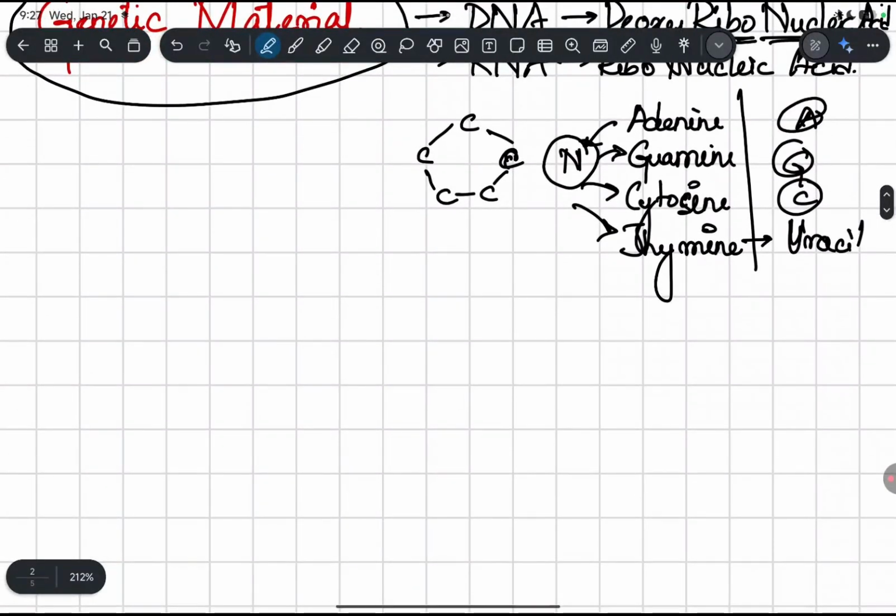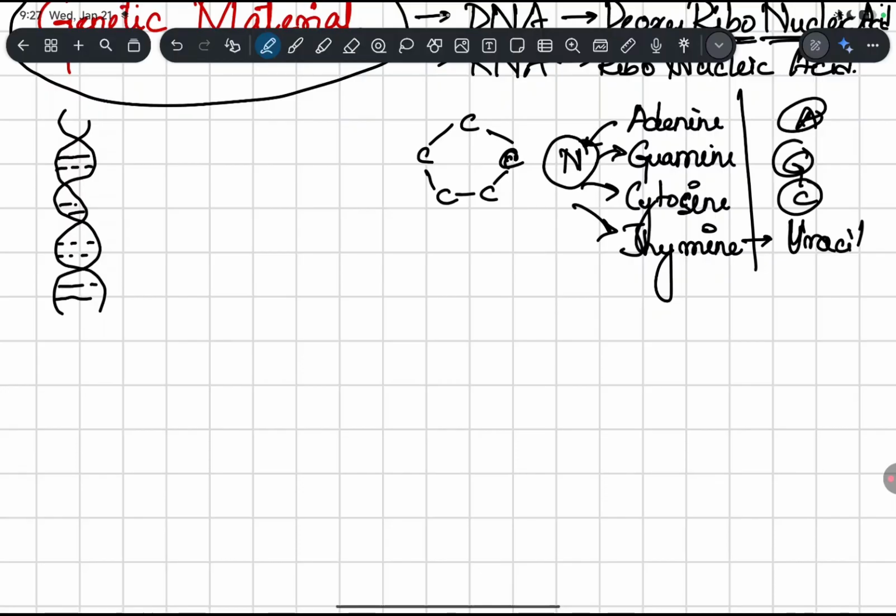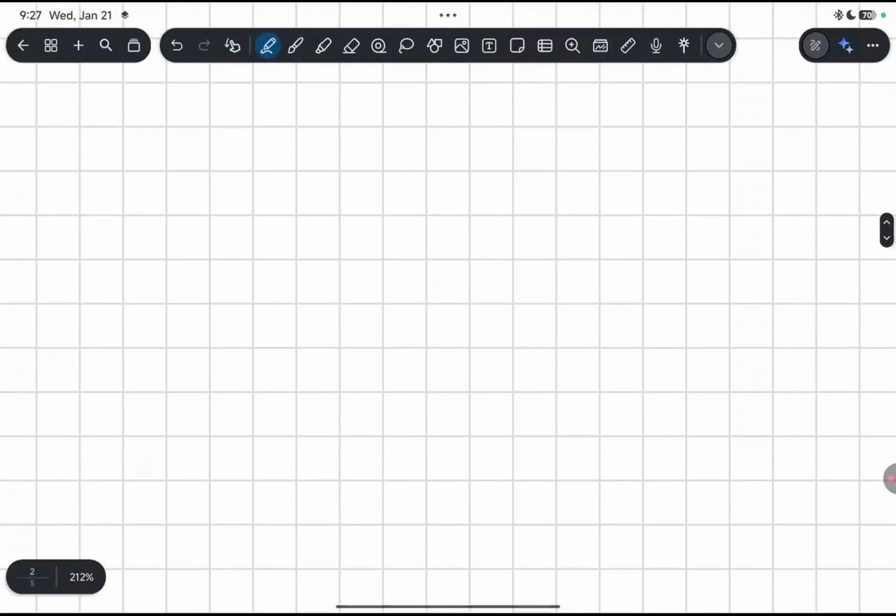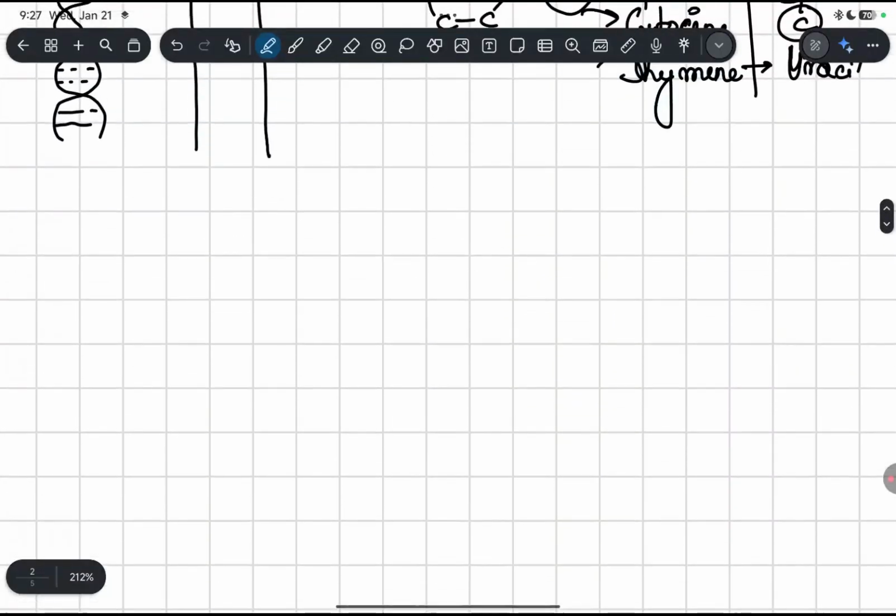So let's see how DNA looks. It generally looks like this. It's a double spiral, double helix structure, and within here you'll find small lines. These are basically hydrogen bonds, which we'll see. So these are hydrogen bonds between the nitrogenous bases. If we open the strands, what we'll find is something like this.